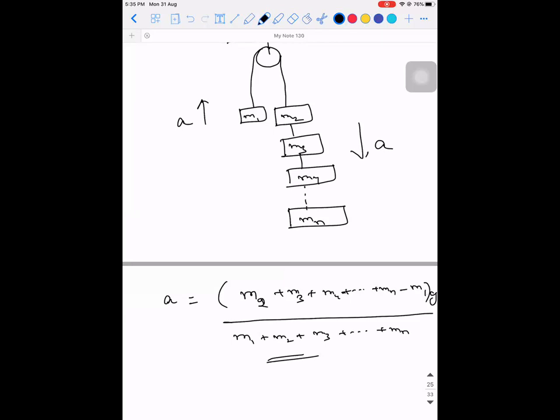Okay, but again, this is not a formula. It is only for you to verify whether the answer you have got is right or not. Is that clear? Yes.